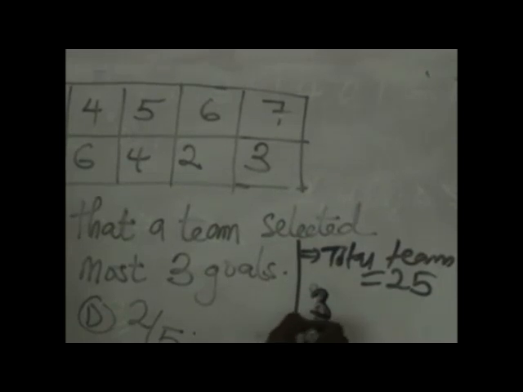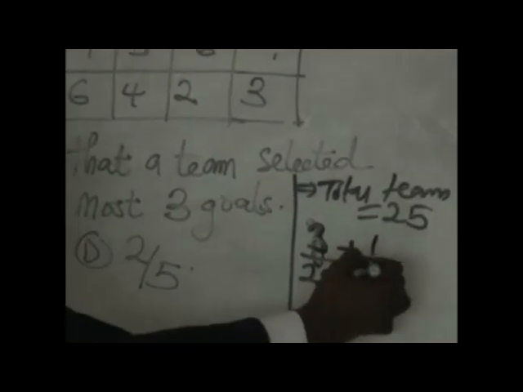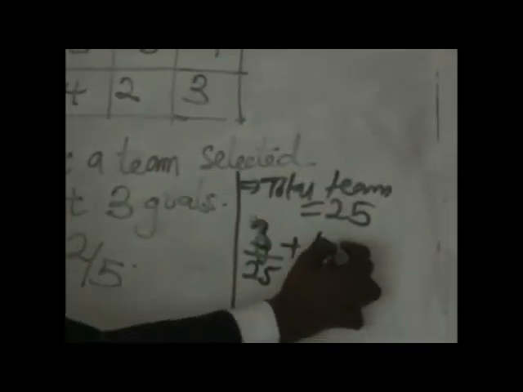So what we simply do, the number of teams that score at most 3 goals is 3 over 25 plus 1 over 25, it's just one team that scored 2 goals, plus 6 teams scored 3 goals, which is 6 over 25.